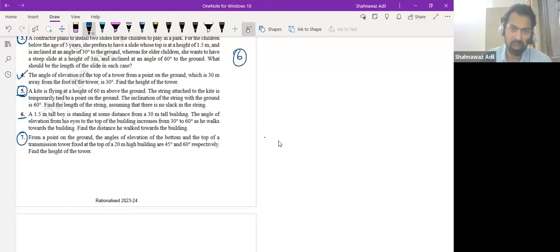A 1.5 meter tall boy, right? So 1.5 meter, how much is that? A 1.5 meter tall boy is standing at some distance from a 30-meter tall building. So this is a building which is 30 meters, right? This is building B, this is the tall boy.